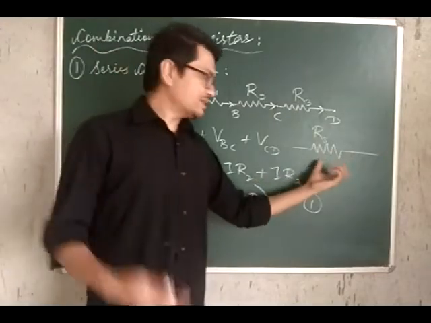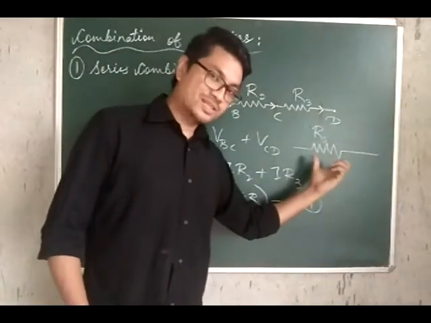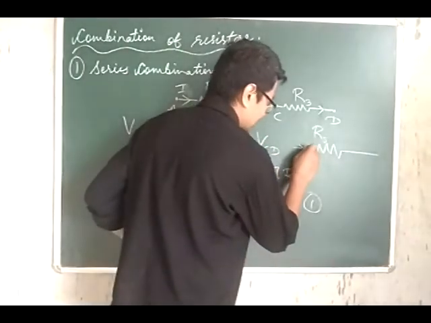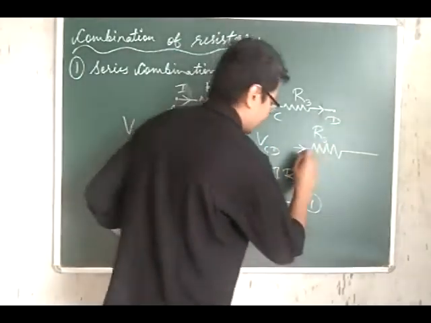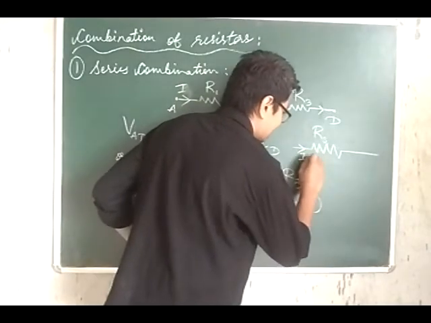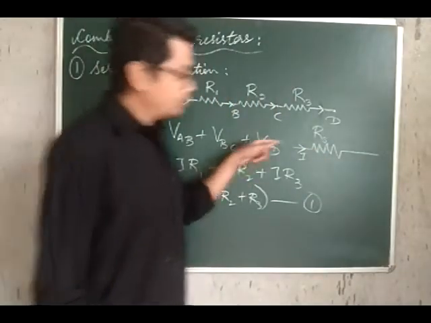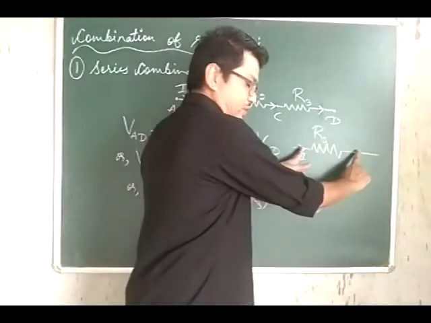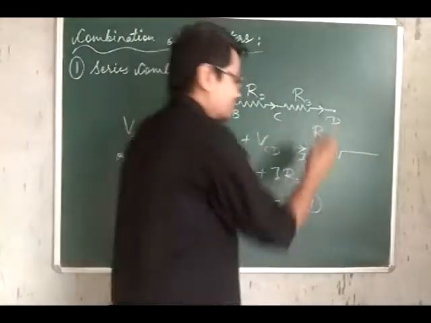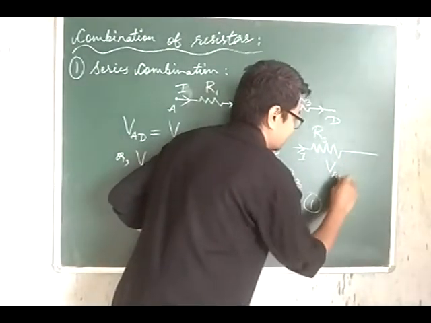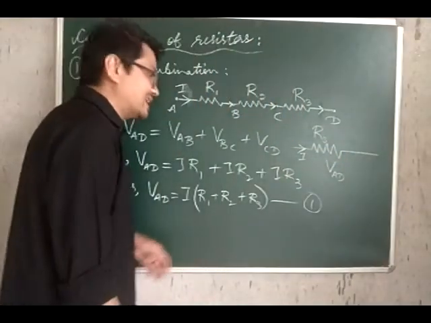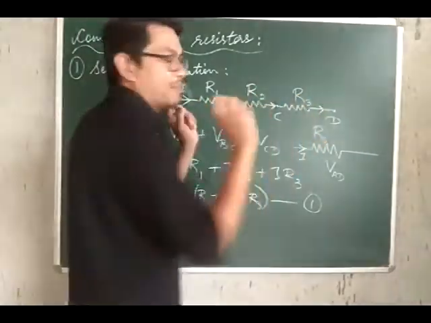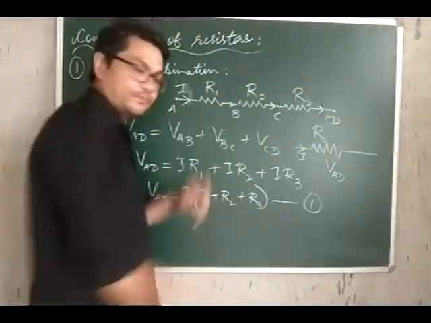Now, what is special about this resistor is, if we let the same amount of current I flow through this resistor, then the potential difference generated across this resistor is the same as VAD, or so to say, the same as the potential difference across these three resistors combined in series like this.